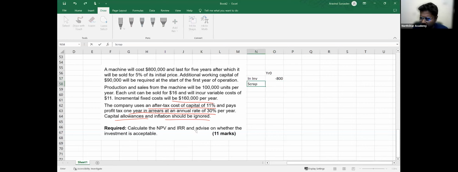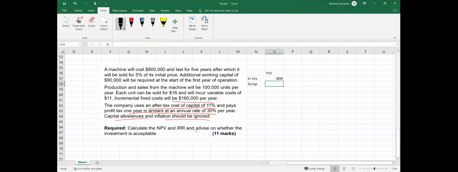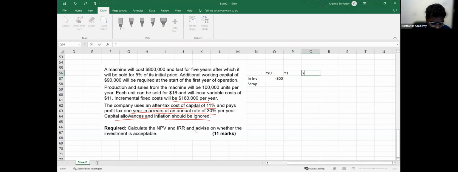Can we put a scrap value here? I think we do get a scrap value, right? Usually it's 5% of the initial investment. Yes, you remember to put in the scrap value. By the way, which year are we getting the scrap value? The machine lasts for 5 years, so it will be in the 5th year.